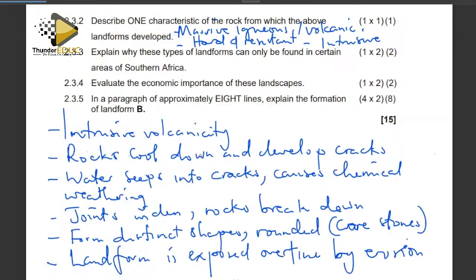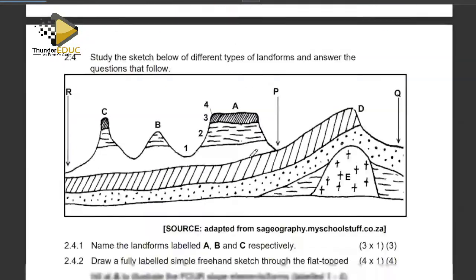And as the water seeps in those cracks, it causes chemical weathering. And because of chemical weathering, the cracks or the joints, they widen, further breaking the rocks. And the rocks will gradually form into distinct shapes, mostly rounded shapes, which we call the core stones. And apparently the landform is exposed by erosional processes.